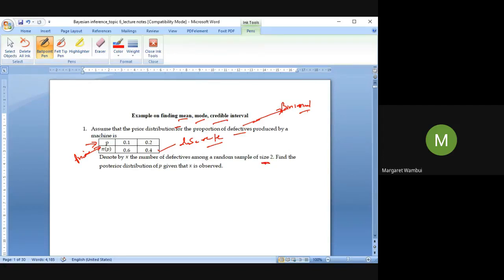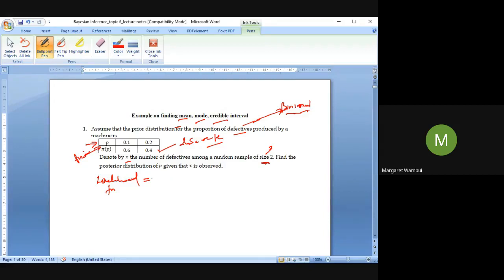So if you're given a random sample of size 2, and it is binomial, then since X represents the number of defectives, the likelihood function of our sample data will just be equal to our distribution function for a binomially distributed variate.